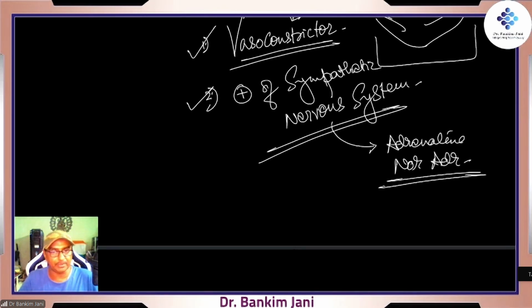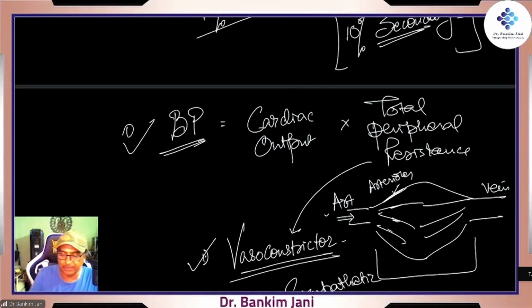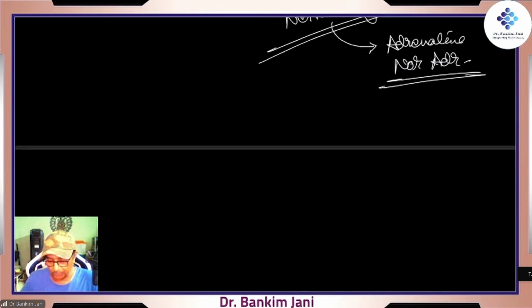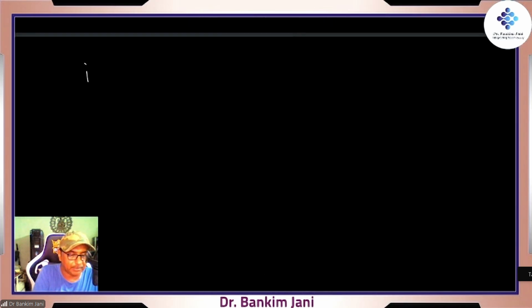But the foundation will remain same, and that would be, there has to be increase in the cardiac output, or there has to be increase in the total peripheral resistance, or both. Right? So we start with the first and the most common.